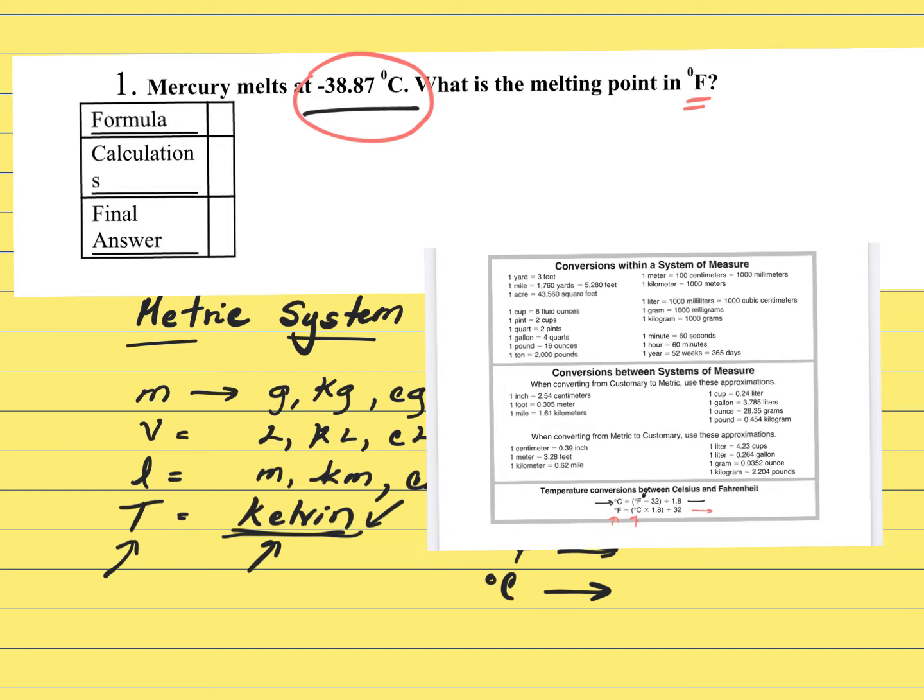Negative 38.87, maybe for you, that's not telling you anything. I know because I'm familiar with the Celsius scale that the temperature is too cold, but maybe you don't know that because you are used to the Fahrenheit scale, and that's why you're gonna convert that to the Fahrenheit scale to make a decision.